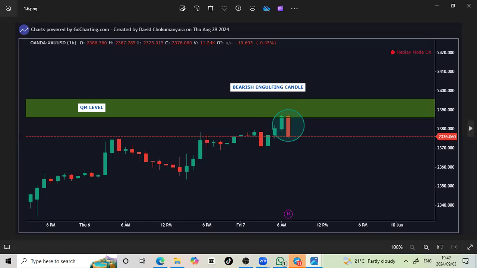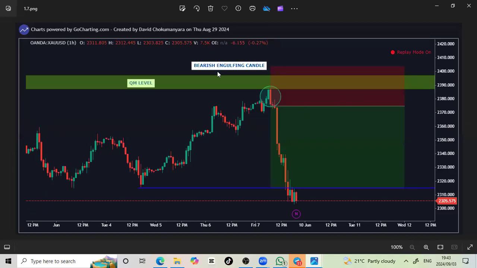Let's look at how we're going to sell. Just above the key M level, that's where you're going to place your stop loss. And here, after the bearish engulfing, on the next candle open, you're going to sell. And look at how price was able to drop and hit this particular level. Your target will be the nearest swing low, the recent swing low here.